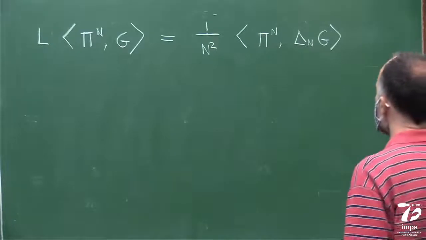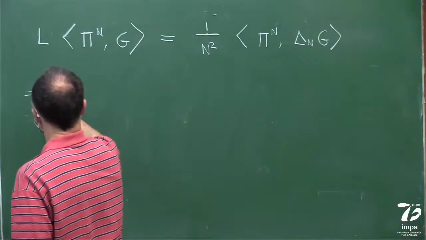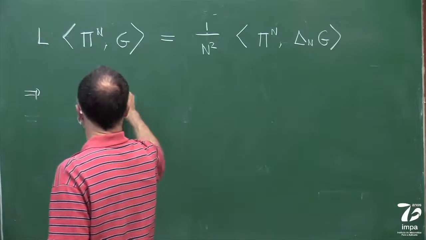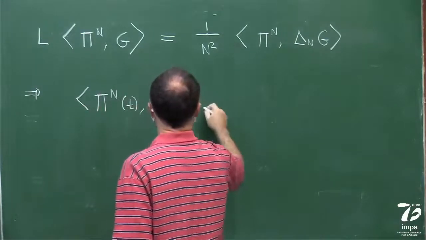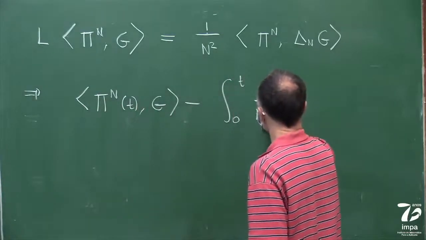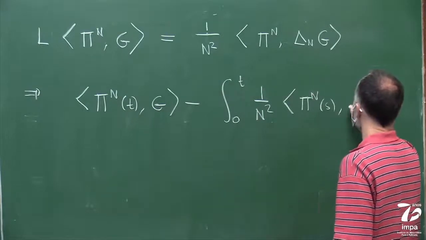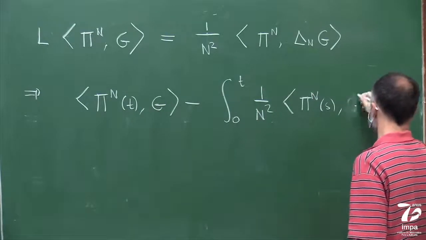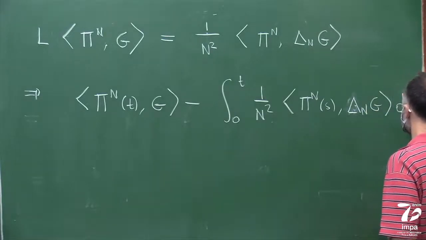Right. So I know that pi n t g minus this integral from 0 to t, 1 over n square pi n s, discrete Laplacian of g, is a martingale.